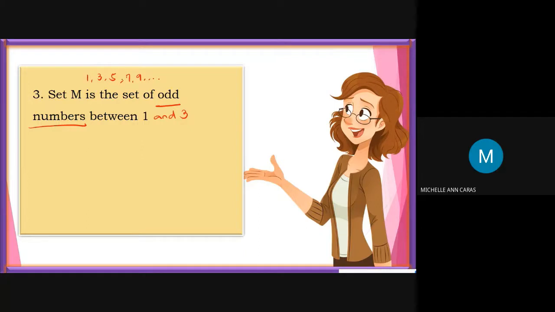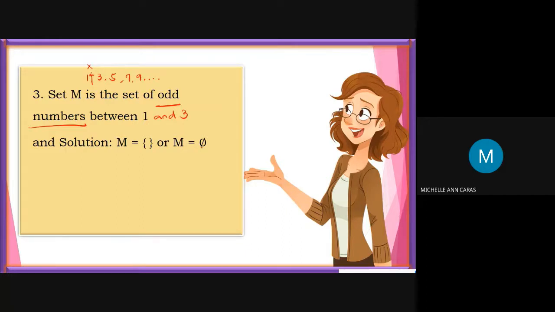So, kung tanawon naton, kung ginapangita atang odd number nga ara sa tunga asang 1 kag 3, so wala kita sa answer dira. Since wala kita sang odd number sa tunga asang 1 kag 3. So therefore, ang answer ta dira is simply an empty set or null set.